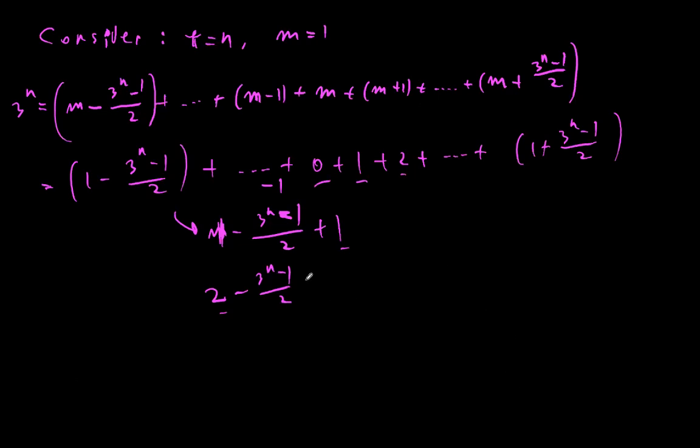Okay, let me take a peek at the chat right quick. What if n is even, though? Well, if n is even, that's fine. Because in the case that n was even, for example, 3 squared would be 9, or you could have 3 to the 4th, which is 81. And we wrote those numbers as sums of consecutive integers before.